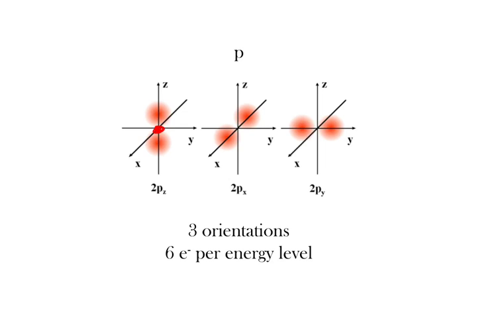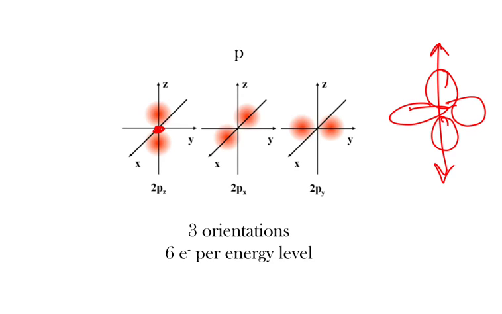But if you were to take these three graphs and set them on top of each other, you'd have a p-shaped orbital oriented north-south, like this, and then another going east-west, like this, and then another coming out at you along the z-axis, and also going back into the page a little bit. So we can have 3 of these per energy level.